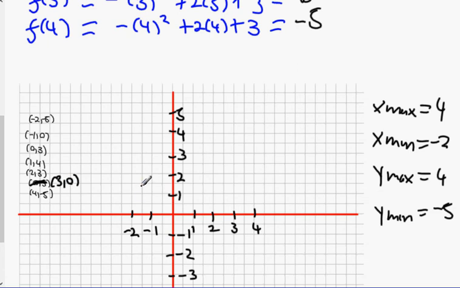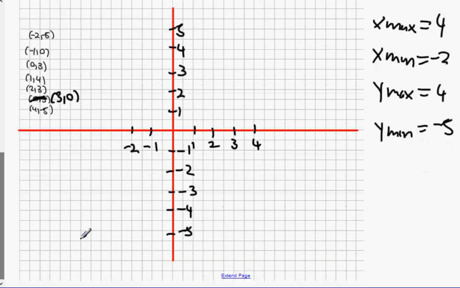Okay. Now let's begin. What's it going to be? -2, -5. Down here. Next one. You don't want to do this, do you? Why? Makes it inaccurate. You want a little dot. What's the next one after that? -1, 0.